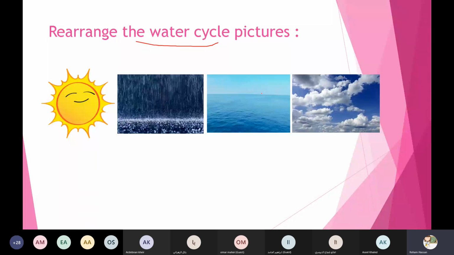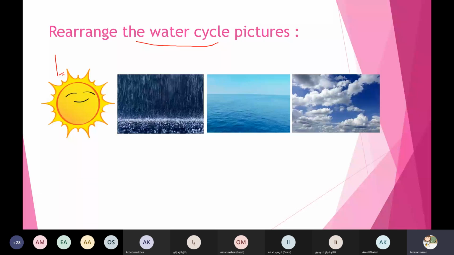But what helps this water go up into the air and form the clouds? The sun. Amazing, Omar. So number one, the sun. The sun warms the land, warms the air, and warms the water.